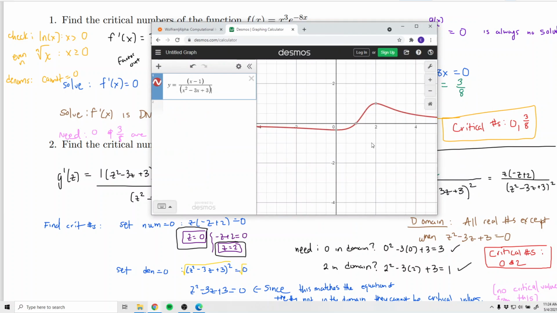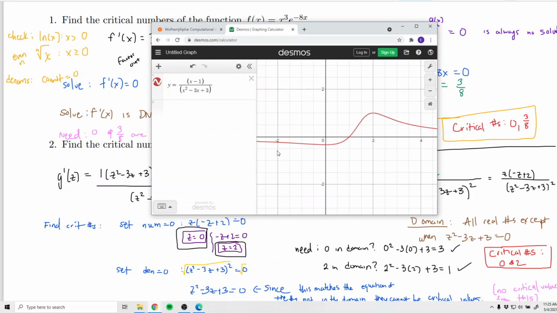I'll zoom in a little bit. But what we have as far as our problem is we figured out the only critical numbers are x equals 0, which is right there, and x equals 2, which is right here. When the denominator is 0, or the derivative does not exist, we've learned that that's vertical asymptotes.